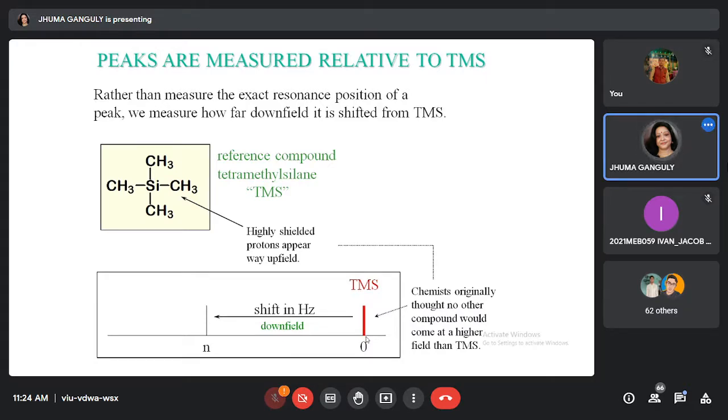That should be remembered. TMS is an inert, stable compound that does not react with any molecule, which is a good characteristic.